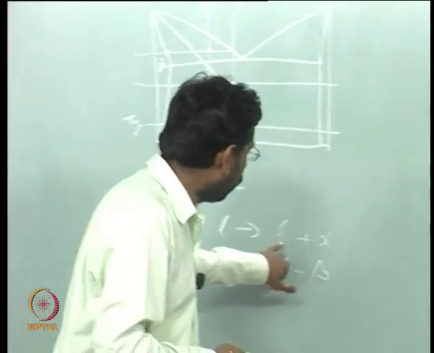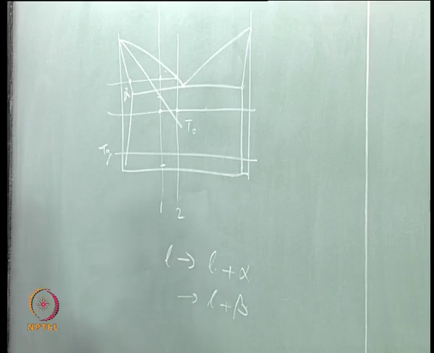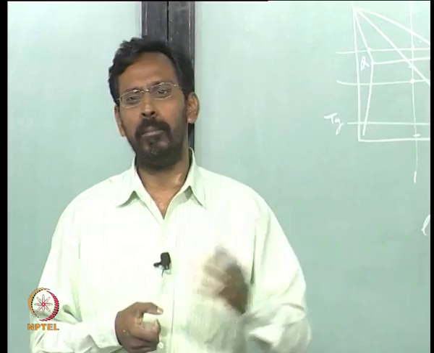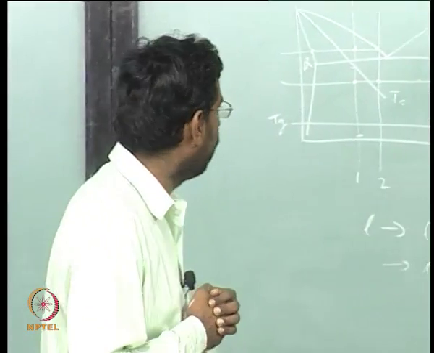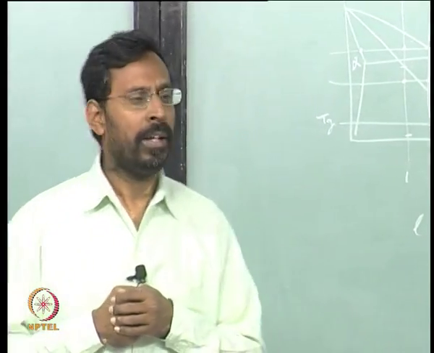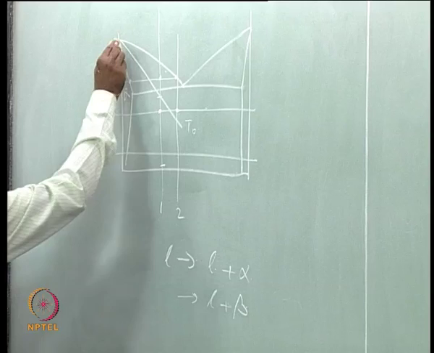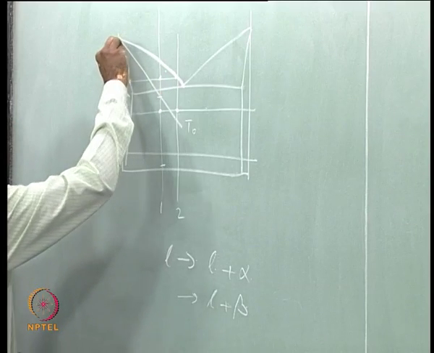To find out, whenever I am talking of liquid and alpha, I need to look at what indicates the equilibrium between liquid and alpha. What is that particular composition which talks about liquid alpha equilibrium? Liquid alpha equilibrium is decided by this line and this line.